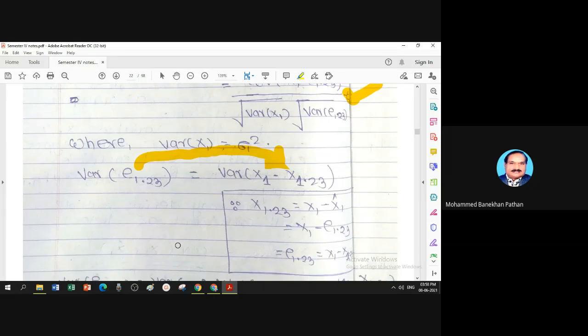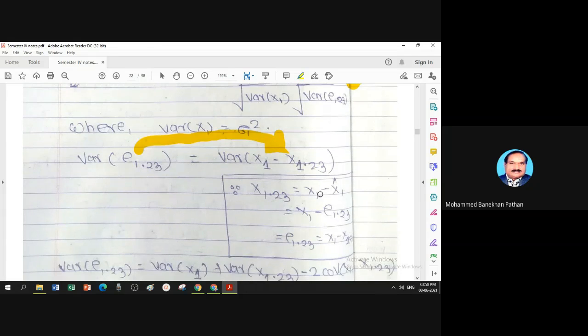How is it? It is this way, because x1.23 is a residual, and by definition a residual is the difference of actual value and estimated value. So x1 cap is also written as E1.23. I took this on the left and left on the right, so the estimated value can be written as the difference of two residuals.